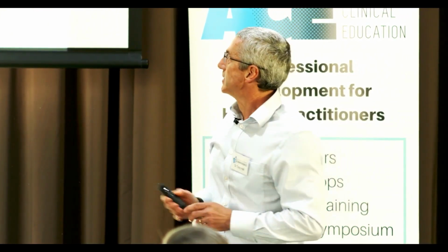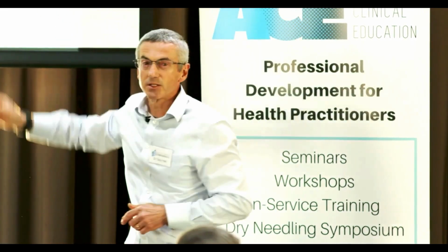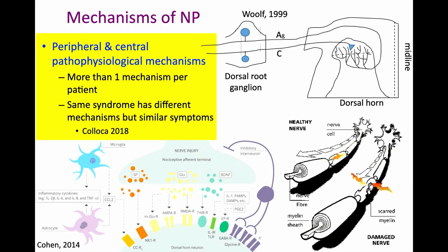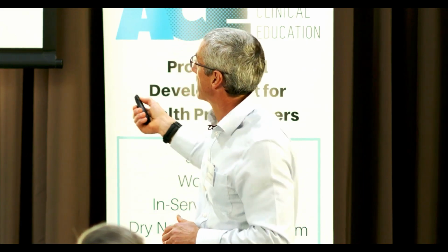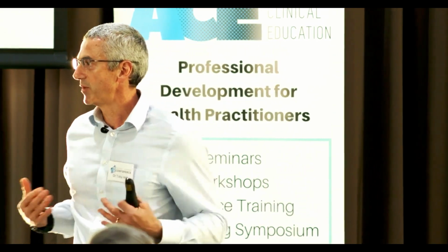So I think we need to understand about the mechanisms if we can, but I'm going to broadly classify them into central and peripheral mechanisms. The central mechanisms are much harder to deal with and are much less likely to respond to the kinds of treatments that we can provide from hands-on manual therapy and exercise.